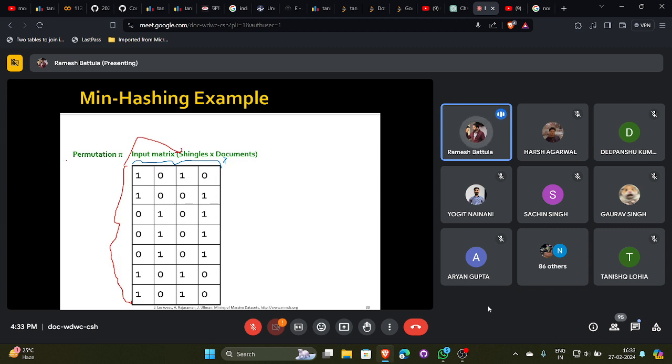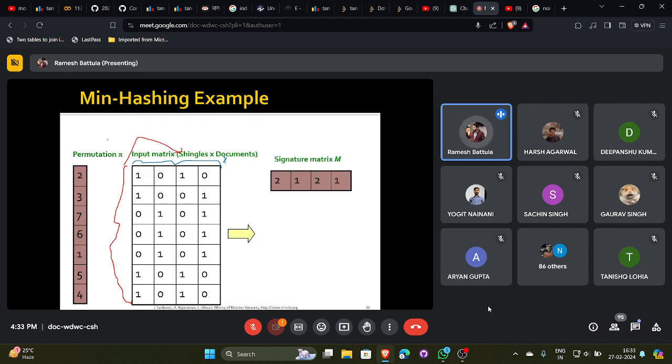Now we need to go for permutation pi. The permutation pi is going to be 2, 3, 7, 6, 1, 5, 4. With a small example, we are going to understand how the signature of the matrix is defined.